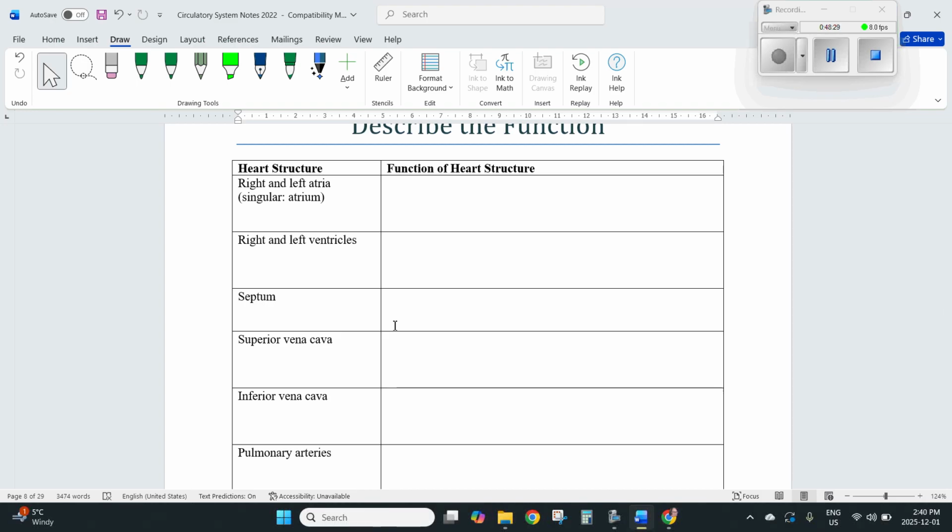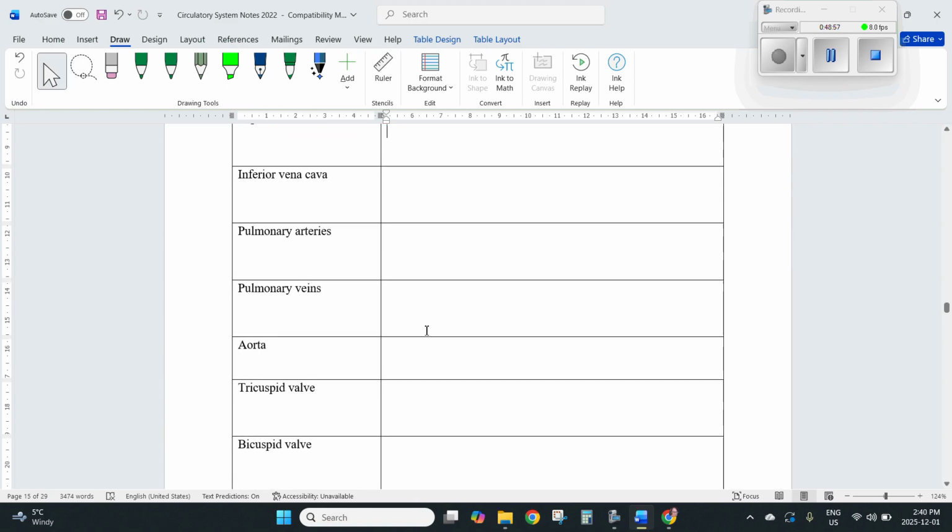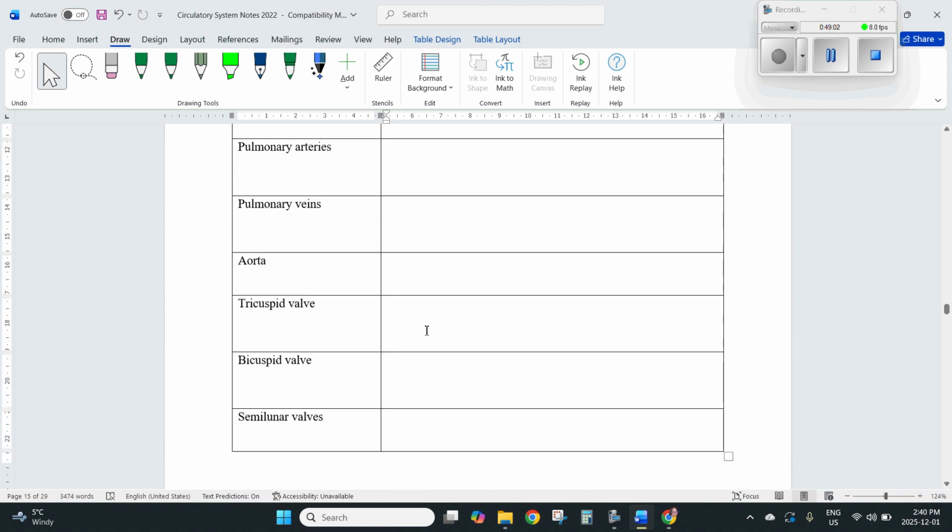As I was talking about the different parts of the heart, what they do, what is their function, where do they go, etc. So for example, superior vena cava, I would write in something along the lines of collecting blood from the upper body, biggest vein in the body, pumps blood to the right atrium. So I would jot down all of those things. You should do this for your own benefit. I'm not going to take it in for marks, okay, but you have lots of time right now to do so. So take the time to do it in class. Good luck.